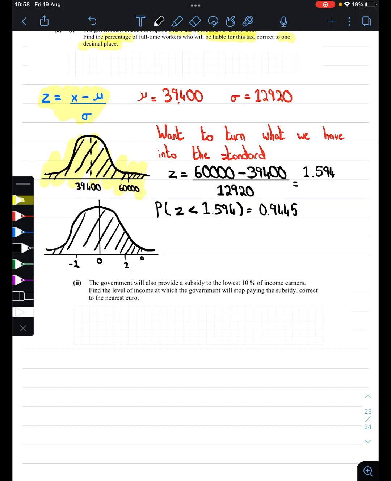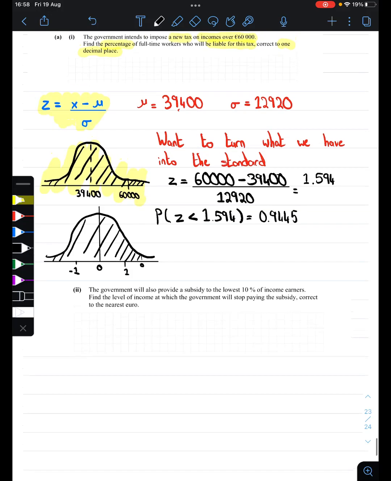Okay? And that's the percentage of people below 60,000. So the percentage of people above 60,000 will be just 1 minus 0.9445. And this will just give us 0.0555.